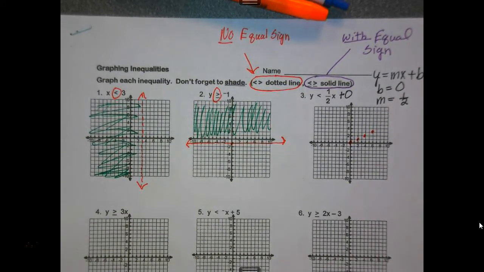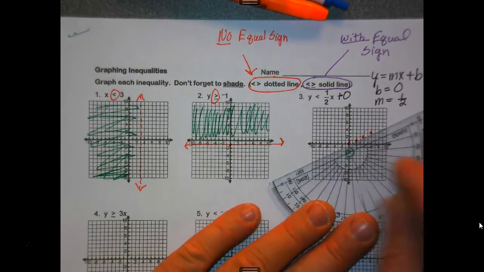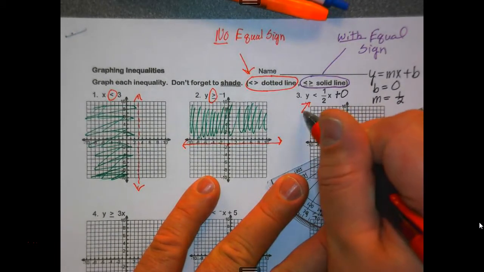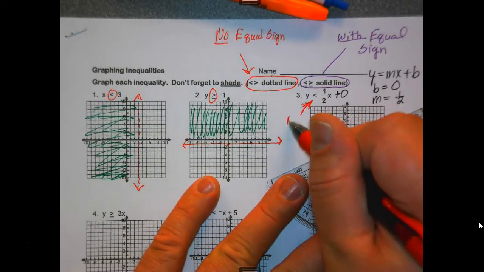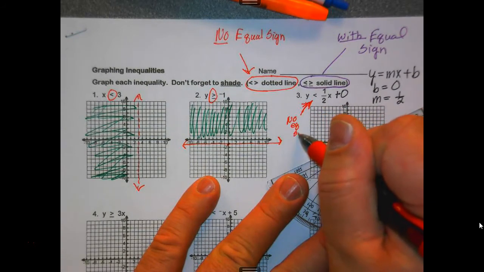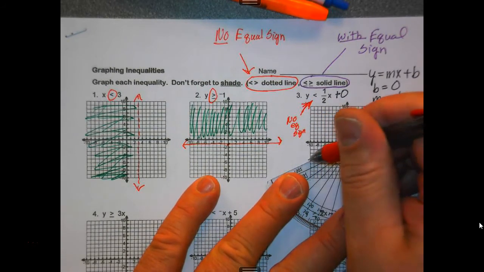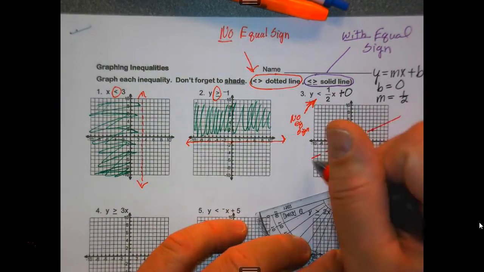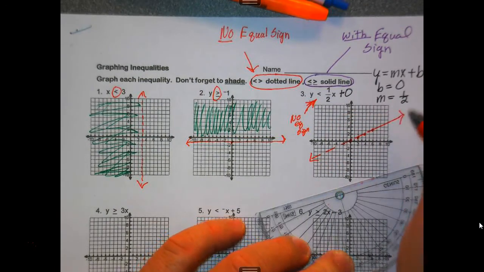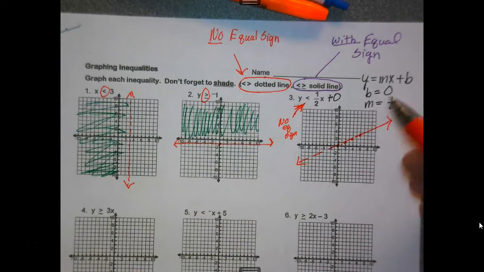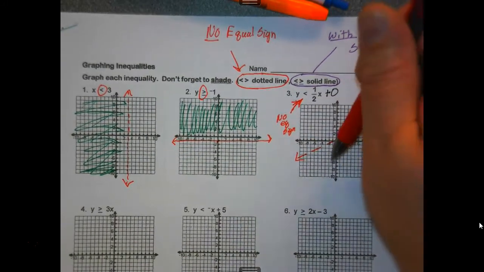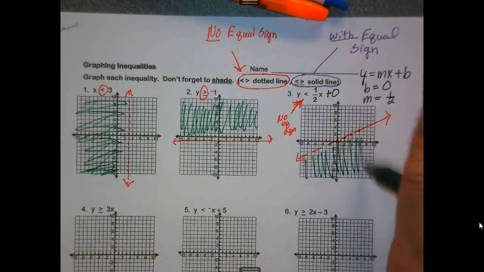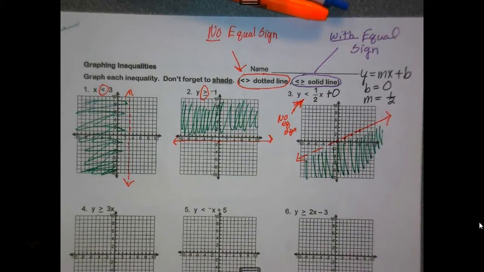And this one has no equal sign, so it's a dotted line. And y is less than, so we want to shade less than, which is under the line.